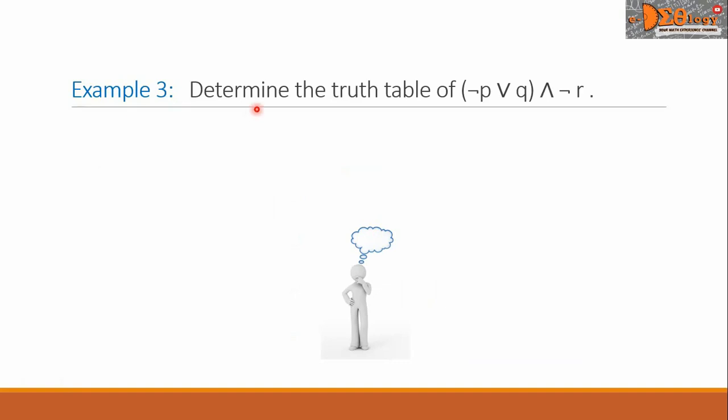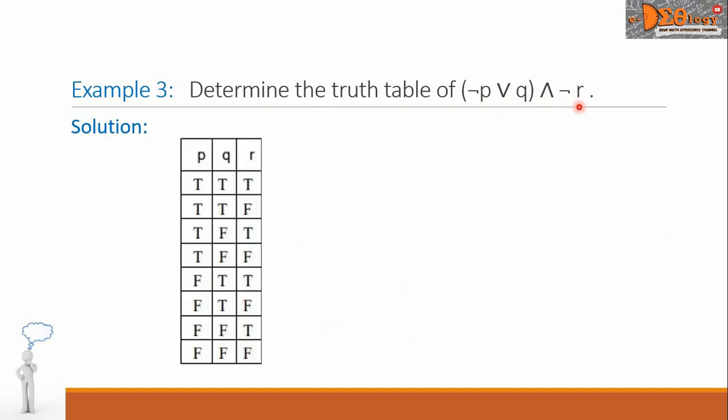Example 3. Determine the truth value of the compound proposition not P or Q, then and not R. For our solution, let us write three columns for P, Q, and R. Here we need 8 rows for each of the propositions.